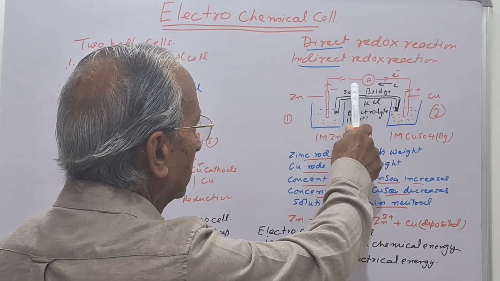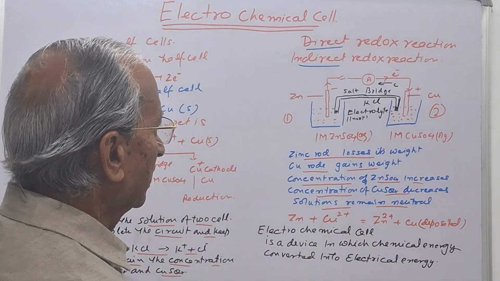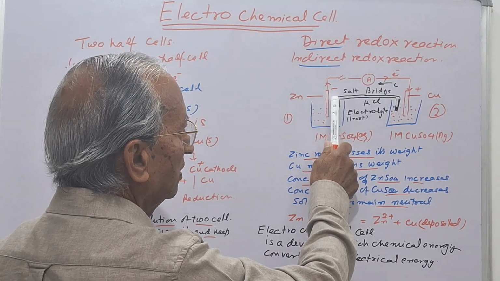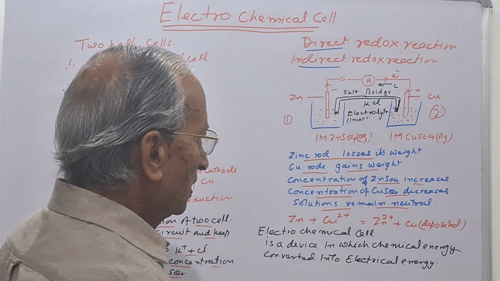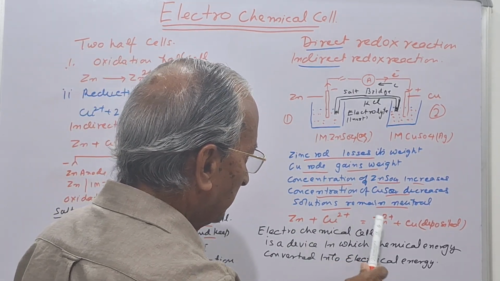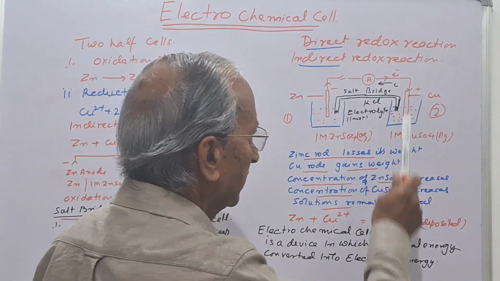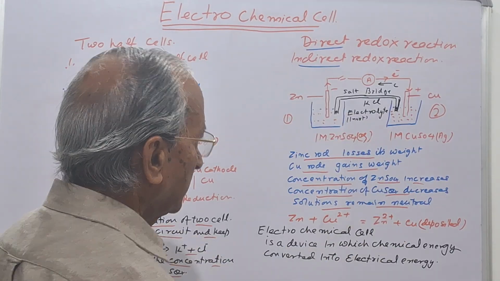Now when K is put on, zinc gives the electron, which moves toward the copper. So in our reaction, zinc gives electron to the copper and the copper is deposited on the electrode. Now what was the observation?